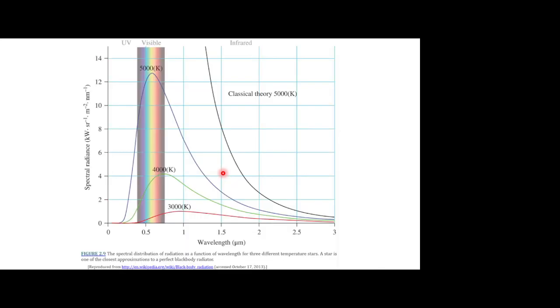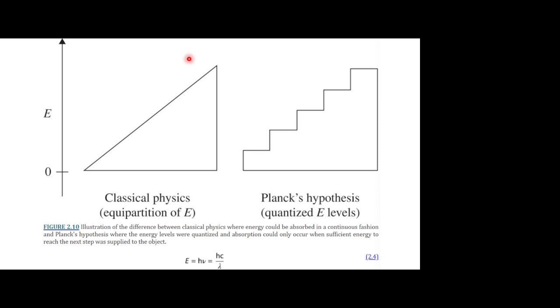Okay, so notice that classical theory here for 5,000 Kelvin isn't even on the graph, is it? We blew right through the graph. That's very wrong. So what is the difference between classical theory and Planck's hypothesis, or quantum?